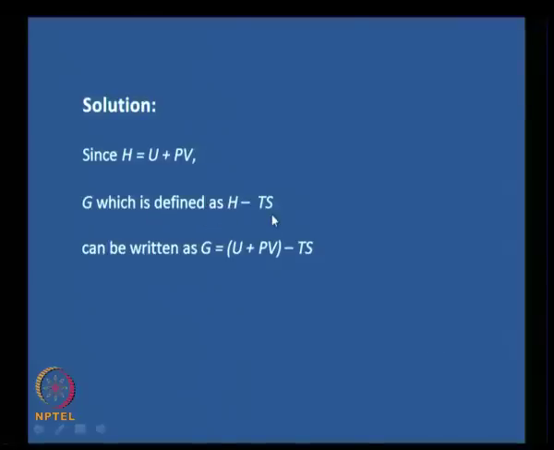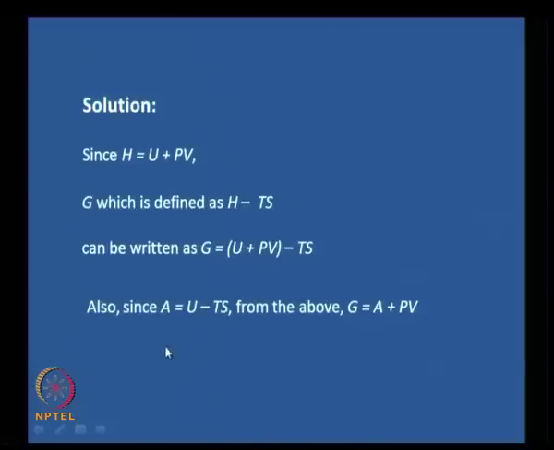G, which is defined as H minus TS, can be written as, you replace this H with this definition U plus PV, and therefore you have U plus PV minus TS, and that is the relationship that we are looking for the first part.